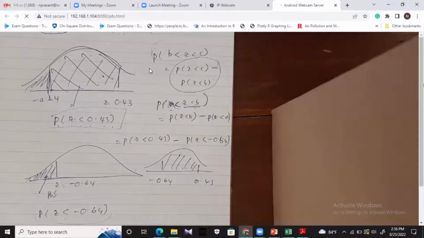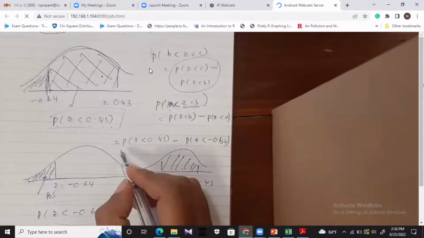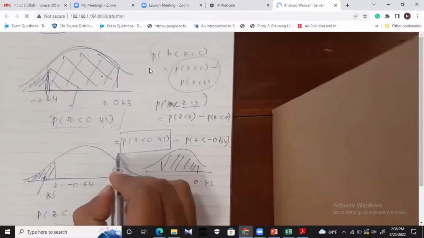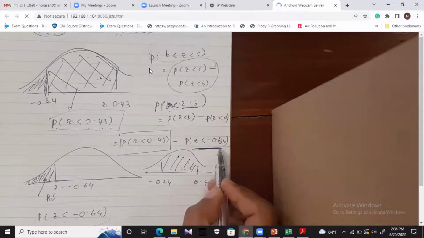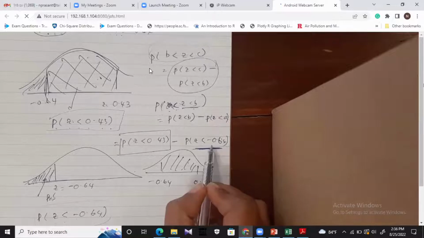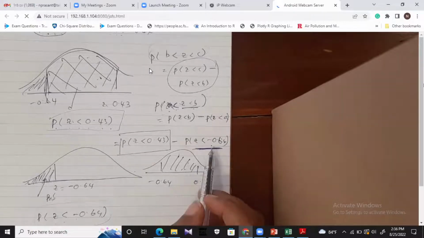Okay, right. Now we can find this probability from the table directly. Still, it's difficult because we still have a negative value. Okay, now let's convert this negative value into a corresponding positive value. Okay, like this.